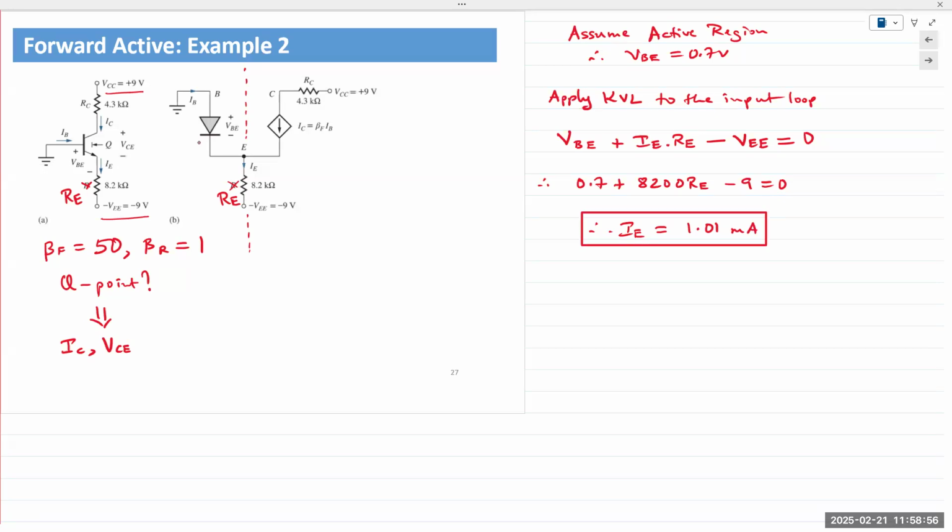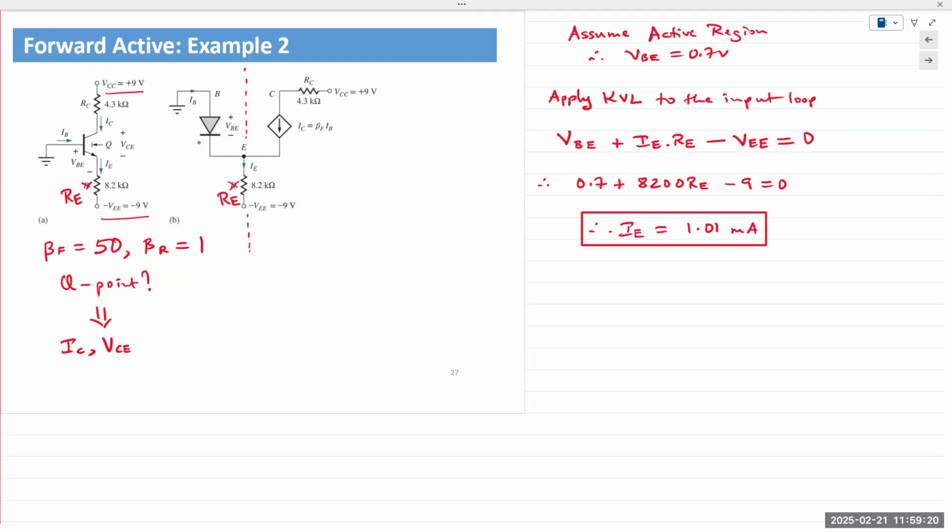Once you have IE, you can find IC and IB, right? So alpha is not given to us, but beta is. We can approach it 2 different ways. We can first use the beta values to find IB and then find IC, or we can compute alpha from there and find IC. Either way, doesn't really matter.